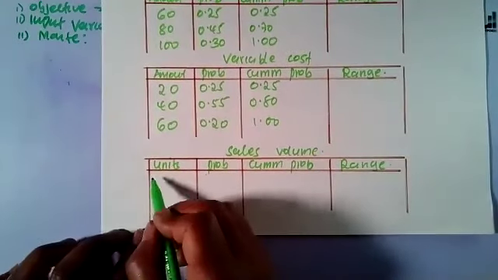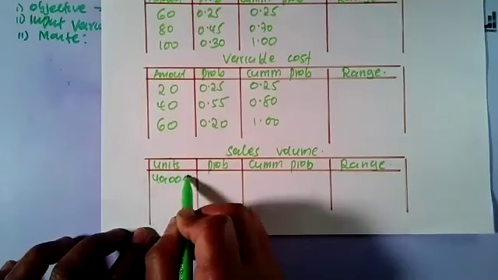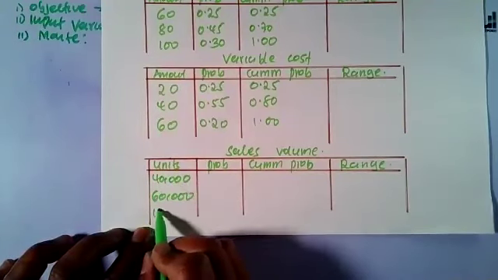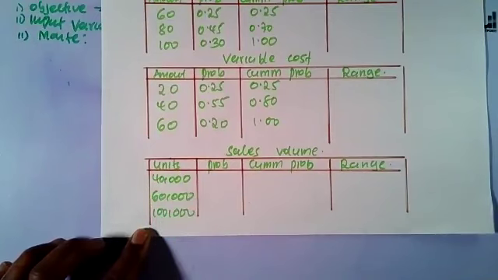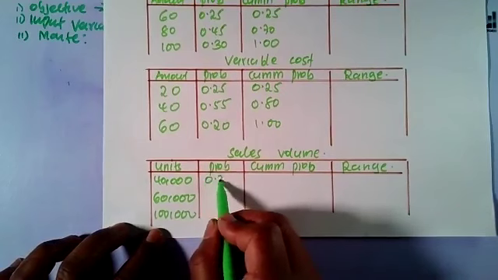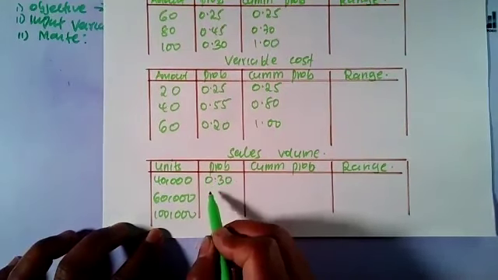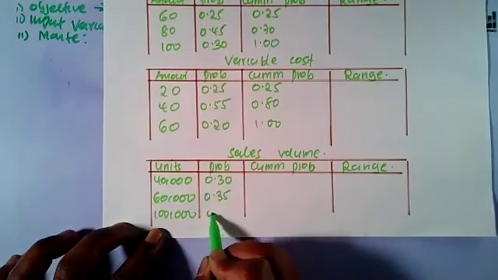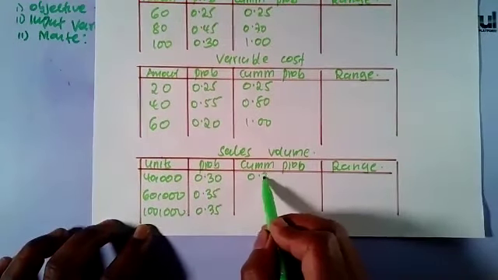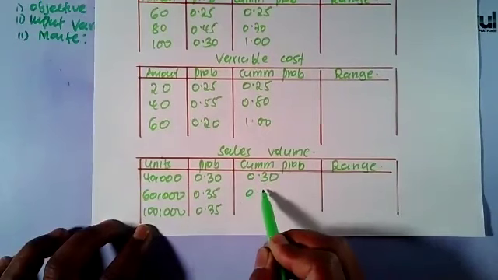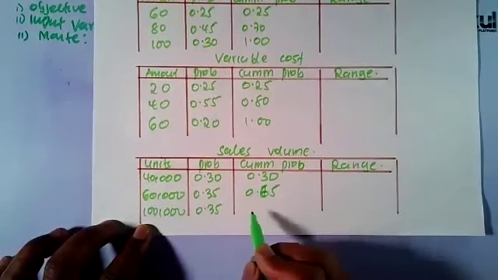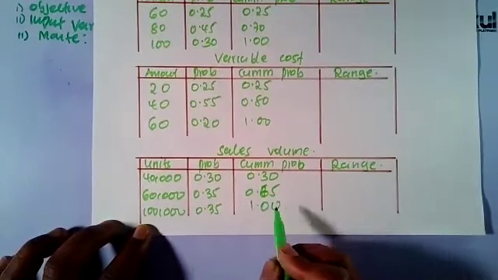You are given the units there, 40,000 units, 60,000 units, or 100,000 units. Then probability, you have 0.30, 0.35, 0.35. Then you accumulate: 0.30, 0.65, and then 1.00.